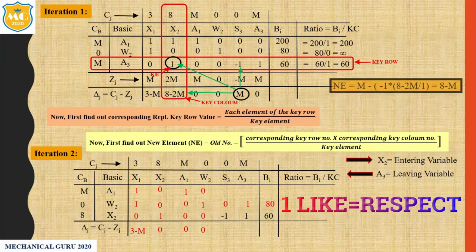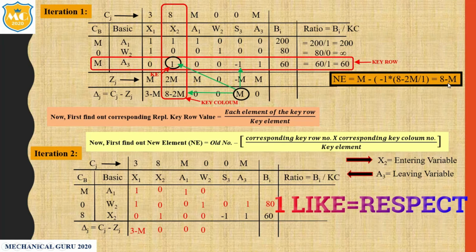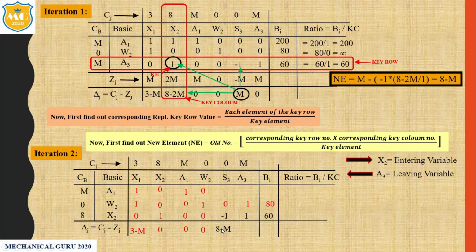So here we get the value 8 minus M. So just simple, we have to write down 8 minus M. Next, old number 0, key row number 1, key column 8 minus 2M and key element 1. So here we get 0 minus 1 into 8 minus 2M divided by 1. So here we get the 2M minus 8.